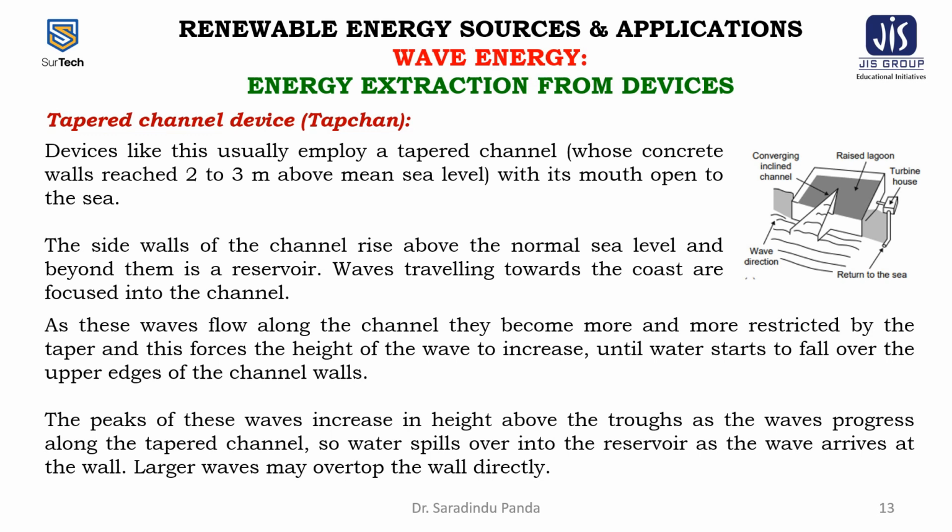The peaks of these waves increase in height as the waves progress along the taper channel. So the water spills over into the reservoir as the wave arrives at the wall. Larger waves may overtop the wall directly.